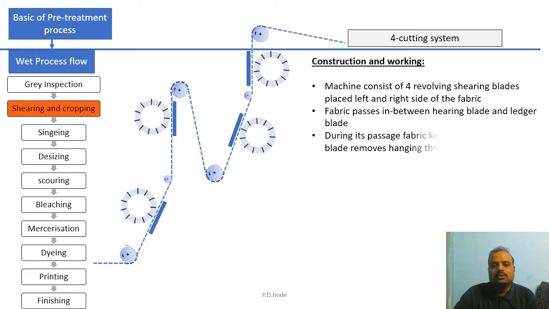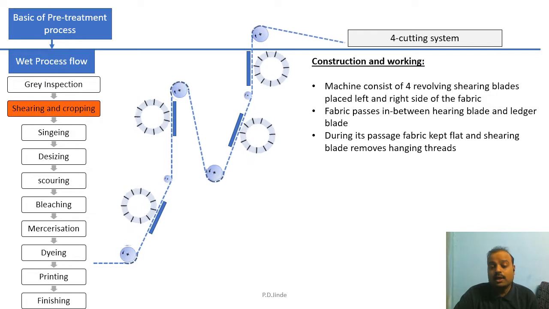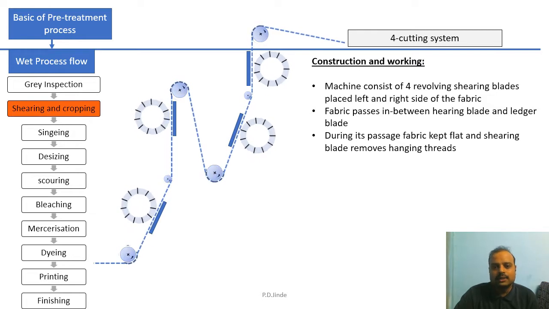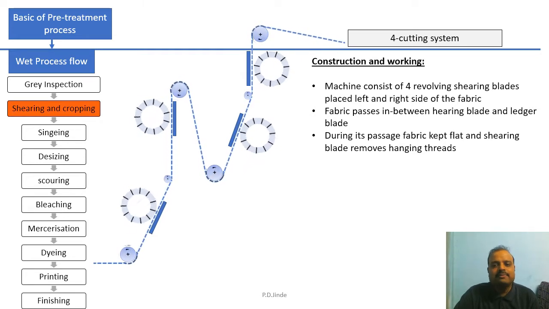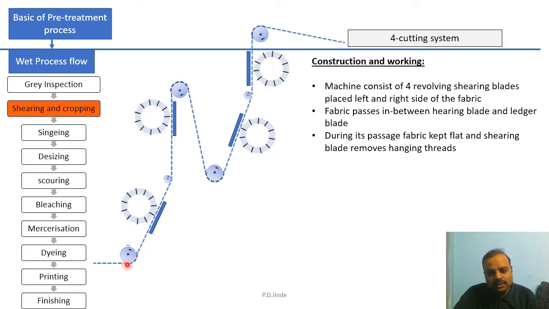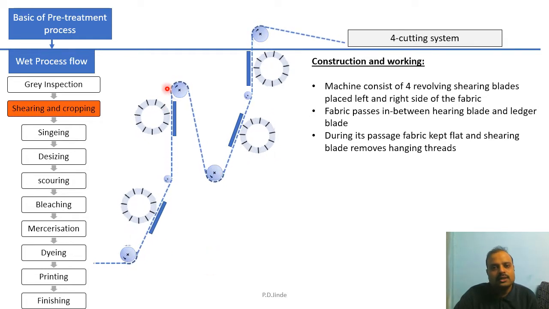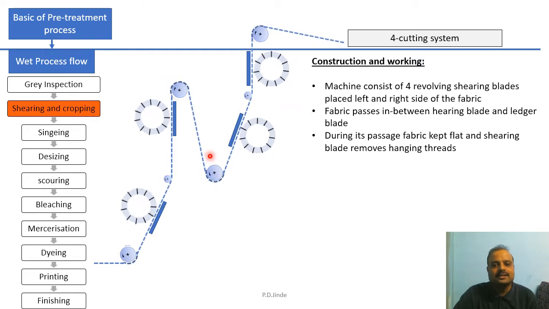Okay, so let's continue with our construction and working process. The third point in the construction and working is that during its passage, the fabric is kept flat and the shearing blade removes the hanging thread. During the passage, you can see over here the fabric is constantly flat. There is no slackness in the fabric.